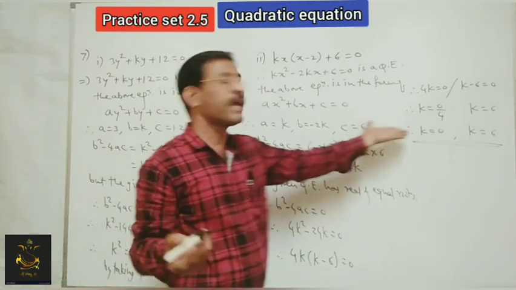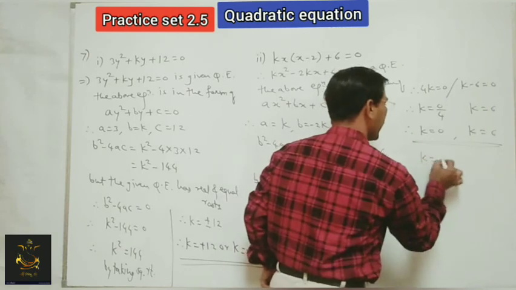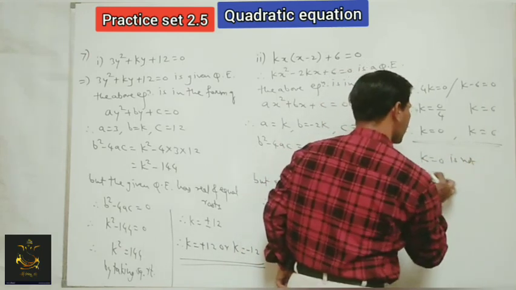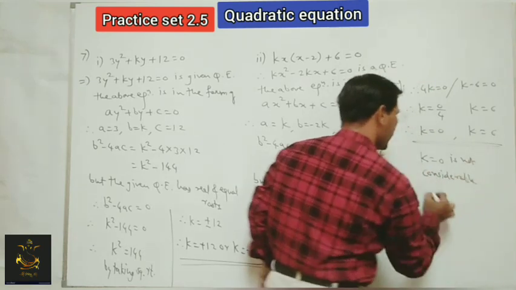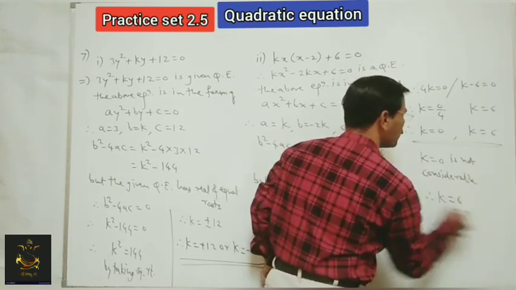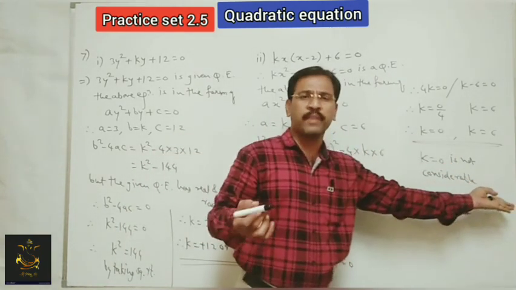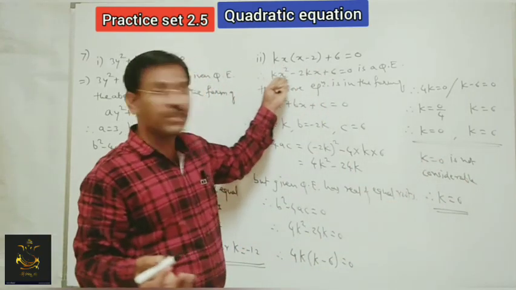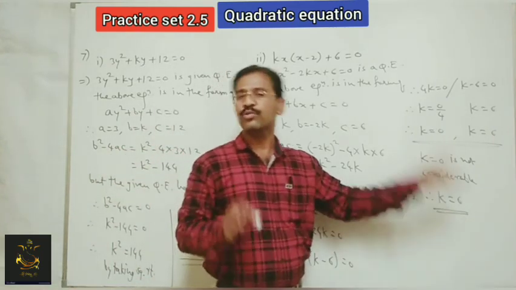No. That is why k equal to 0 is not possible. Here k equal to 0 is not considerable. Therefore k equal to 6. You can write the reason also: because with k equal to 0, the equation is not satisfied. That is why we can write k equal to 6.